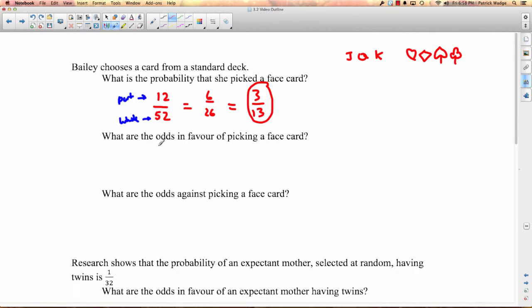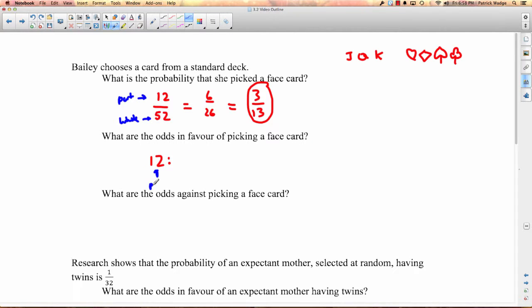Now, if you want to know what the odds are in favor of picking a face card, first of all, you're going to think of what the favorable outcomes are. How many favorable outcomes are there? Well, we already talked about that. There's 12 favorable outcomes. And we're going to compare that. I'll do it in this form because that's how we usually do odds. We're not going to put 12 to 52 because we're going to have a part to part here, right?